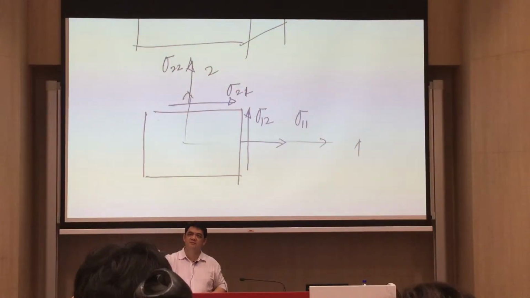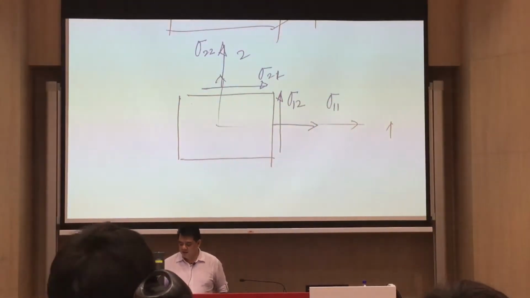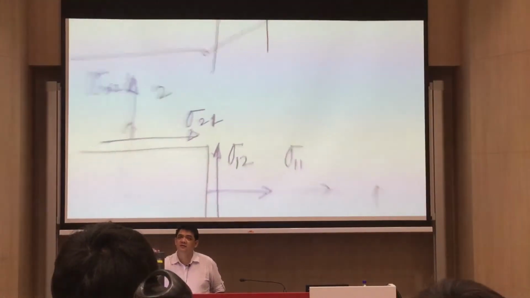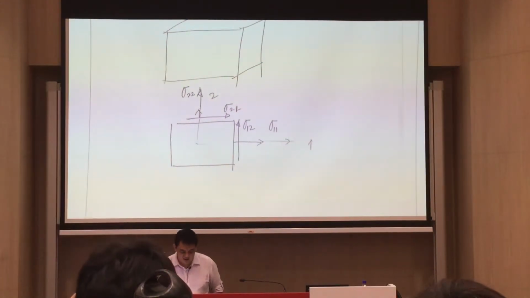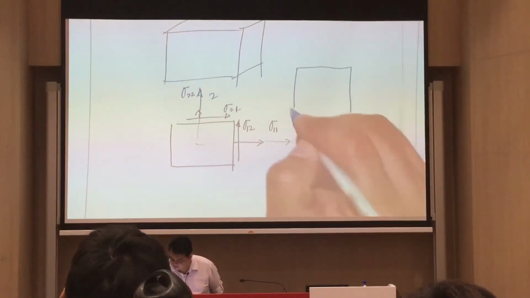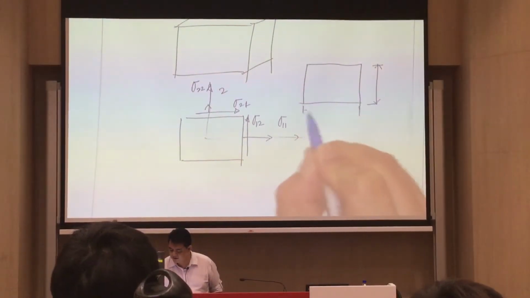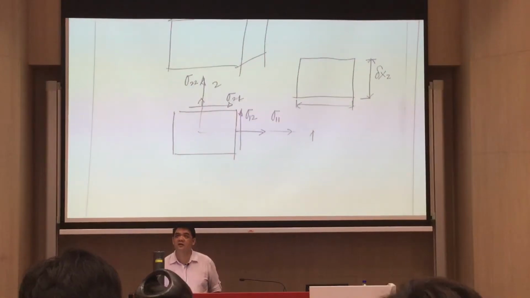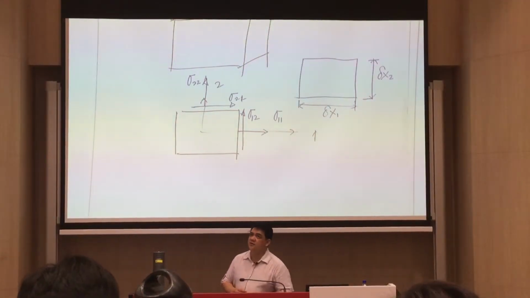Now here's the thing. Since this one is infinitesimal, let's say that the length of this side will be delta x2, and this one will be delta x1, meaning they're really small.